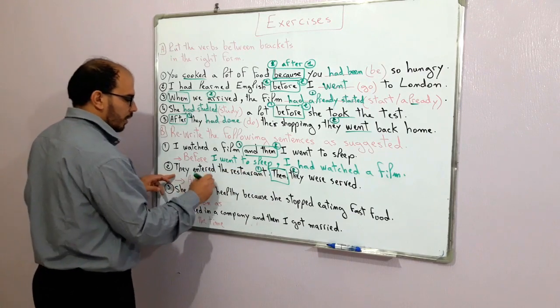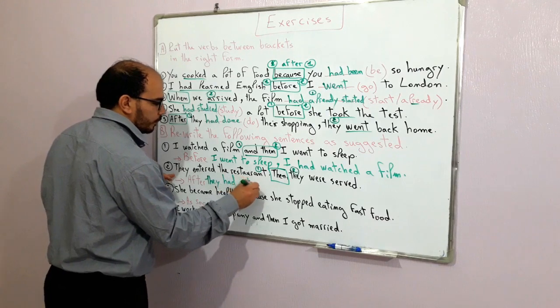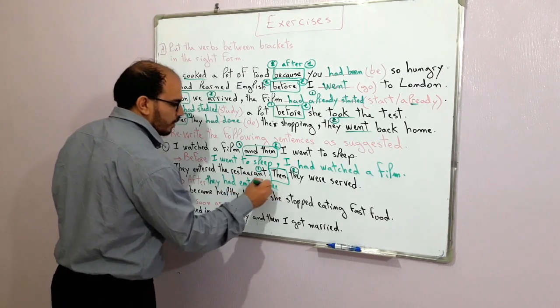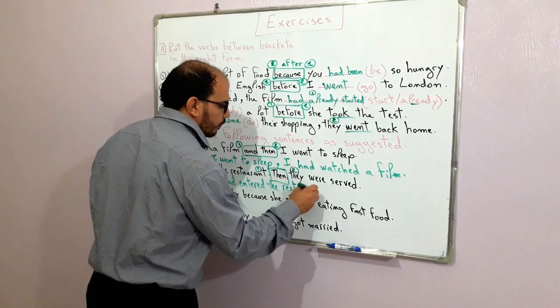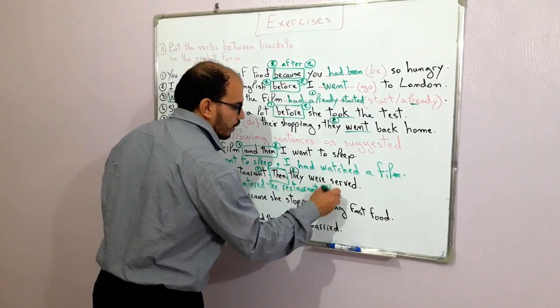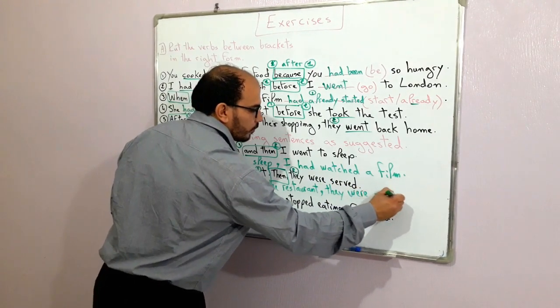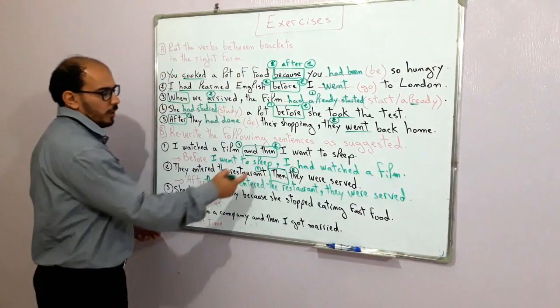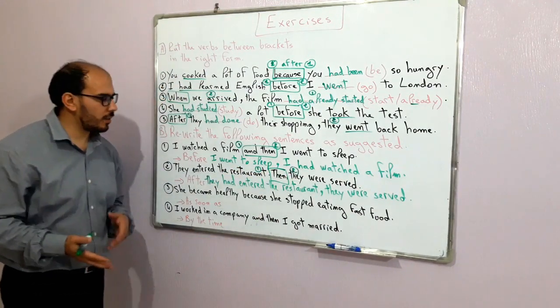So after they had entered the restaurant, comma, they were served. Because we know that activity number one must be written in the past perfect, number two in simple past, all the time.